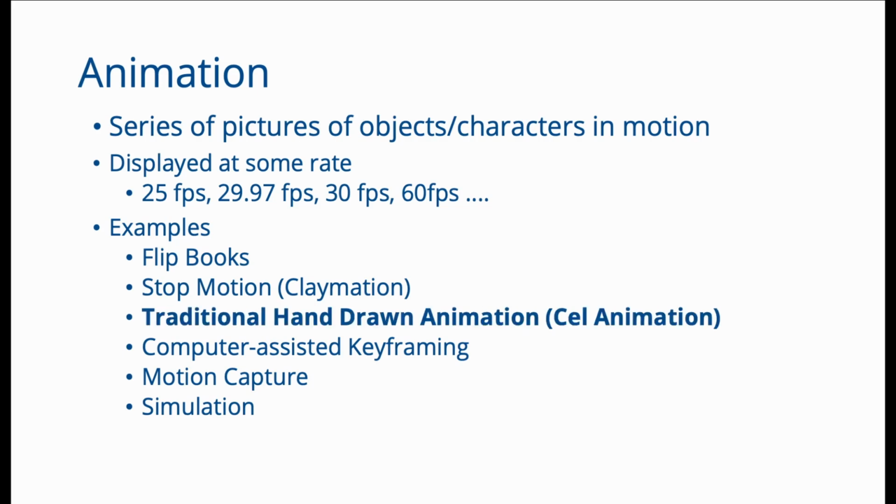So the principles that we will talk about today were developed for traditional hand-drawn animation, because artists had been drawing static drawings of characters, of figures, and then they realized that they could make one pose of the character after another and look at these over time once the motion picture was invented.